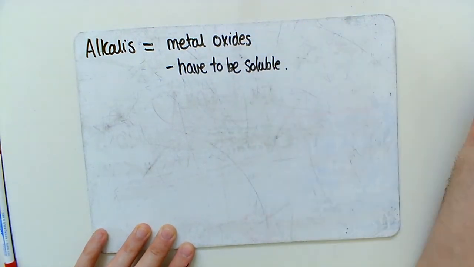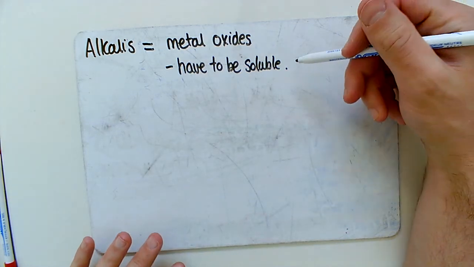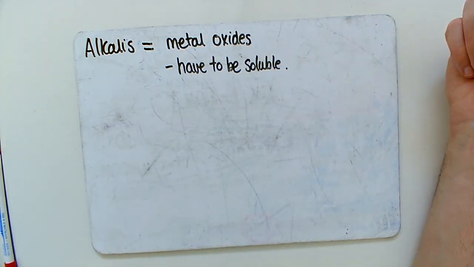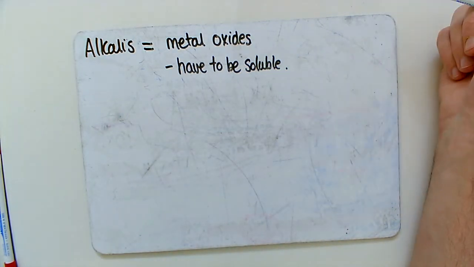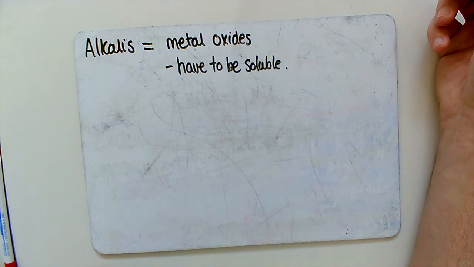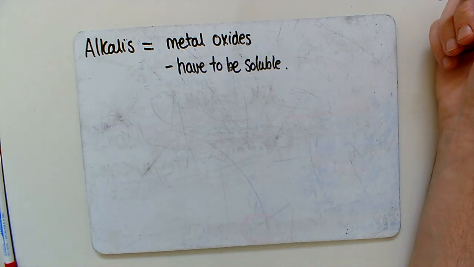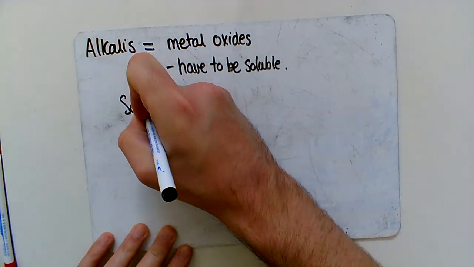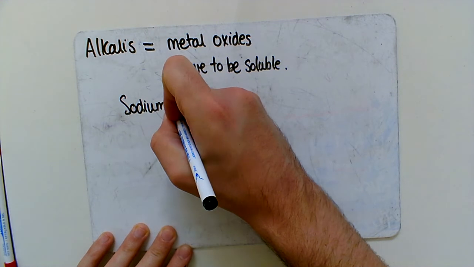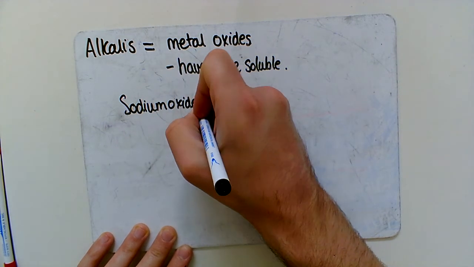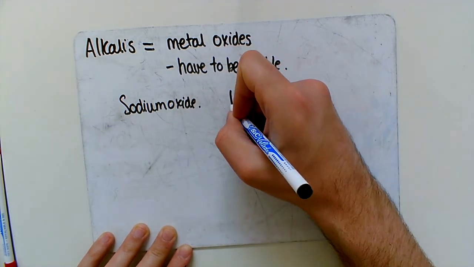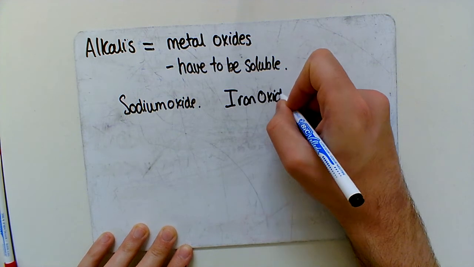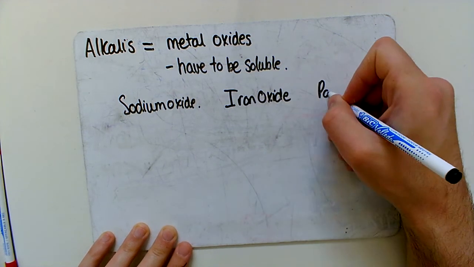They have to be soluble. And we'll look at how we can work out whether or not a metal oxide is soluble. Examples of metal oxides would be things like sodium oxide, iron oxide, potassium oxide.